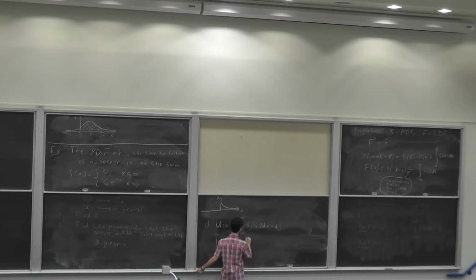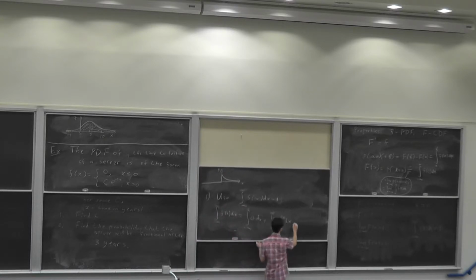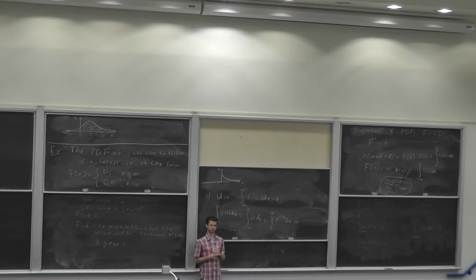Integral from minus infinity to 0 of 0 dx, because my function is 0 from negative infinity to 0, plus the integral from 0 to infinity of c times e to the minus 2x dx. So the first integral is just 0. The integral of 0 is 0, no matter what the limits are.